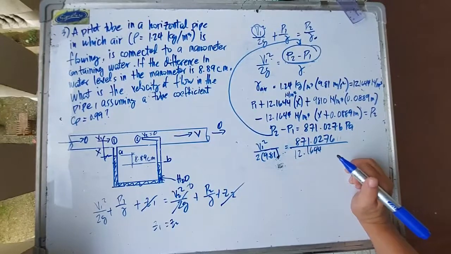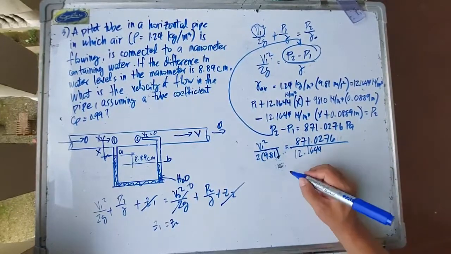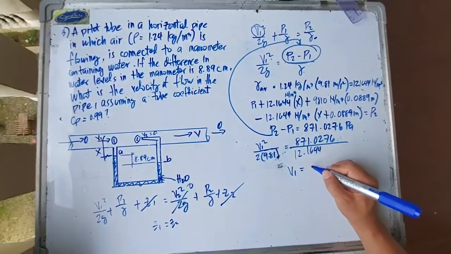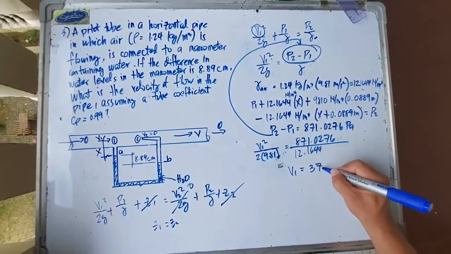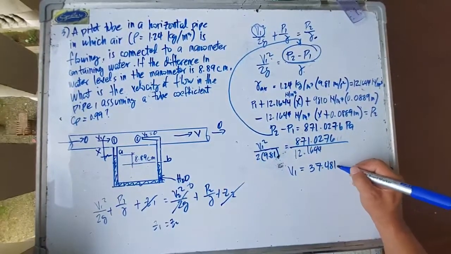So V1 is equal to 37.4818 meters per second.